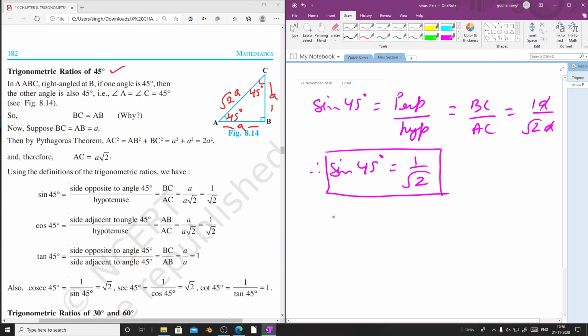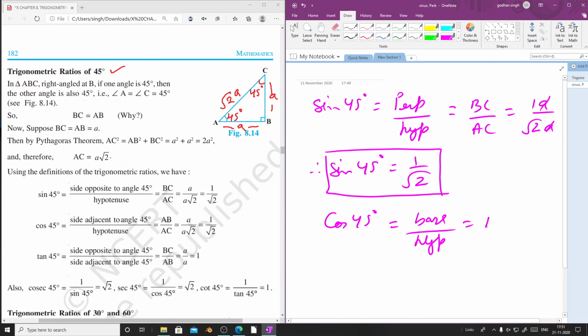Similarly we can find the value of cos 45 degree. Cos is defined as base by hypotenuse, and for this again we will refer to our figure 8.14. The angle which we are considering involves two sides, so we will not take the hypotenuse; the other side will be considered as base. Here AC is the hypotenuse, so AB will be the base.